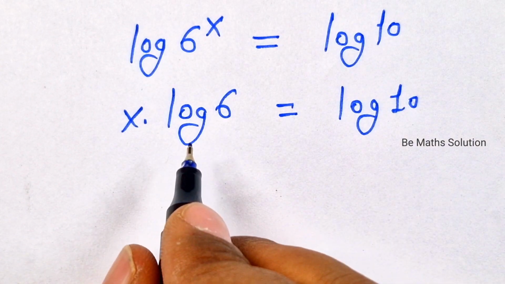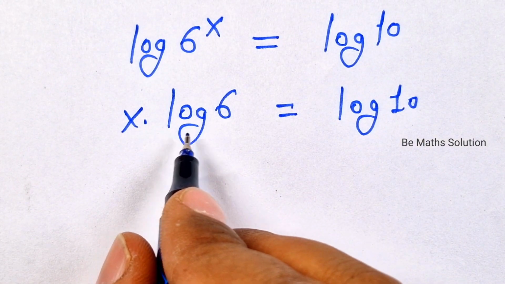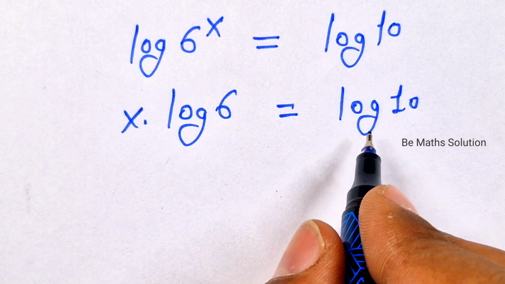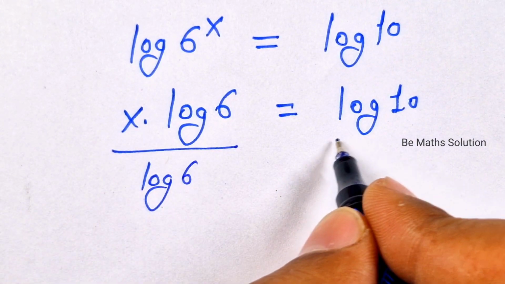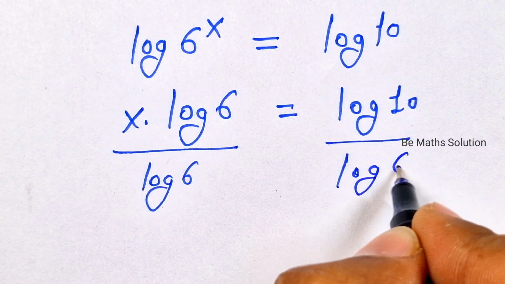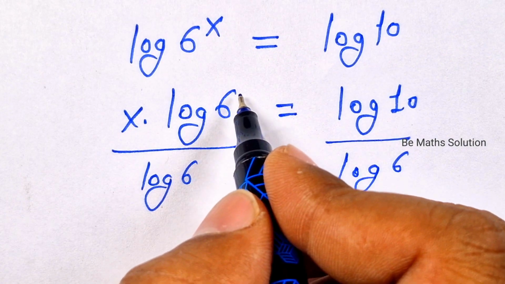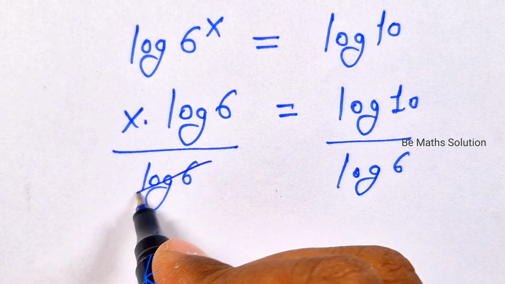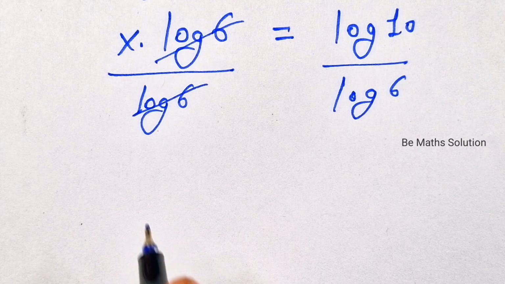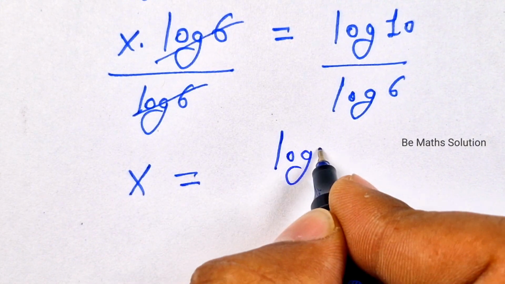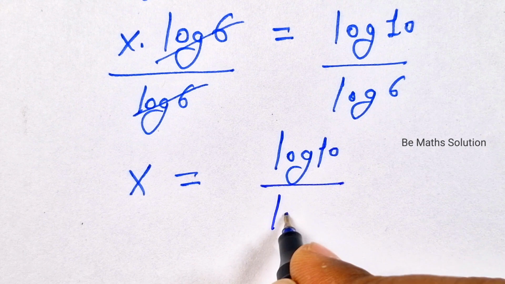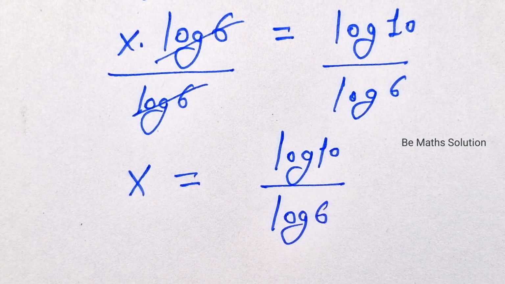Then we divide by log 6 on both sides. This log of 6 and this log of 6 are cancelled. So it will be x is equal to log of 10 over log of 6.